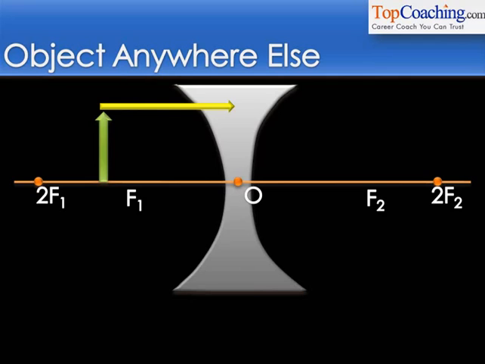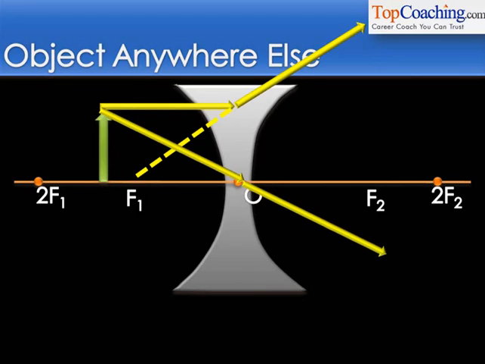The ray parallel to the principal axis coming from the object on refraction from a concave lens gets refracted in such a way that it appears to come from the focus f1. Isn't it? There you go. That's the first ray. A ray passing through the optical center of a concave lens passes undeviated. You can see that the final rays don't meet. After all, they are diverging. However, when extended backwards, both of these rays meet. Isn't it? They meet at this particular point here between f1 and O.